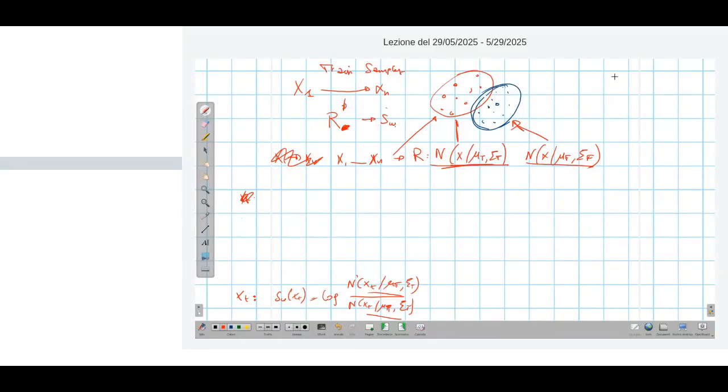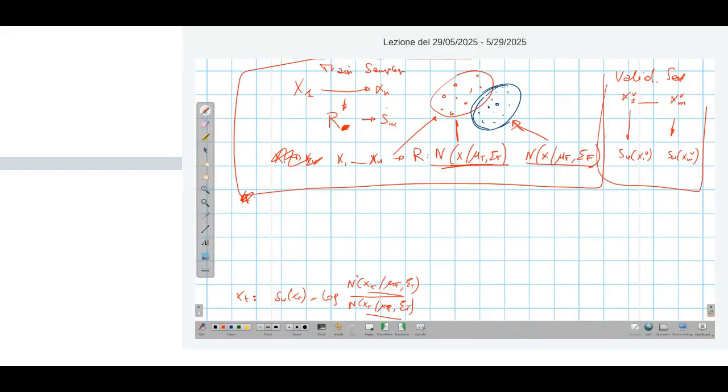Then we will have a validation set with samples, let's call them xv1 through xvm. For all of these, we will compute the corresponding uncalibrated score. So this is train.